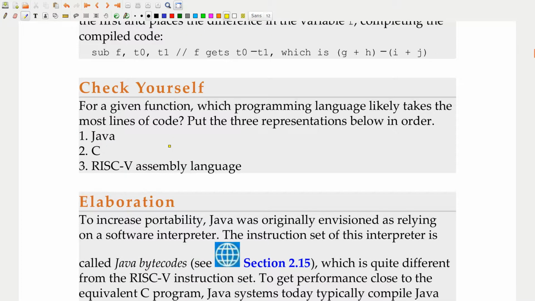Okay, check yourself. For a given function, which programming language likely takes the most lines of code? Put the three representations below in order. So what do you guys think? We have 1, 2, 3. Just show me in order which you think takes the most lines of code.